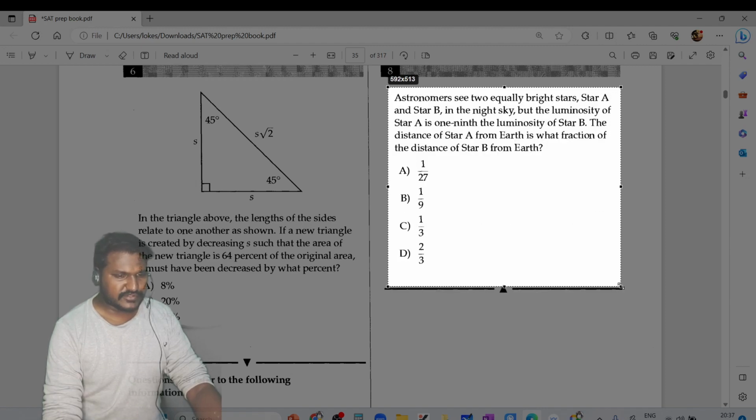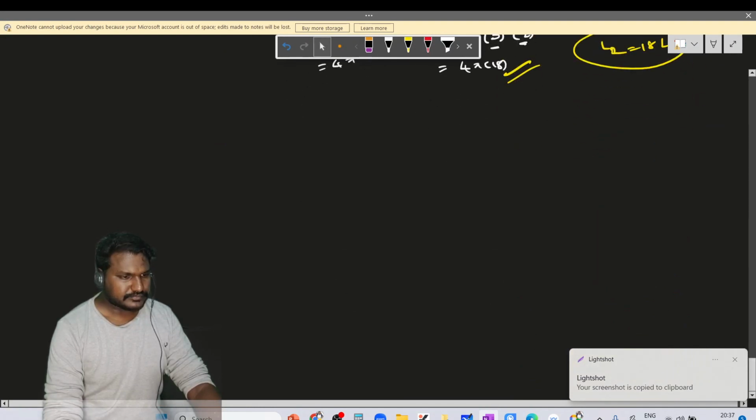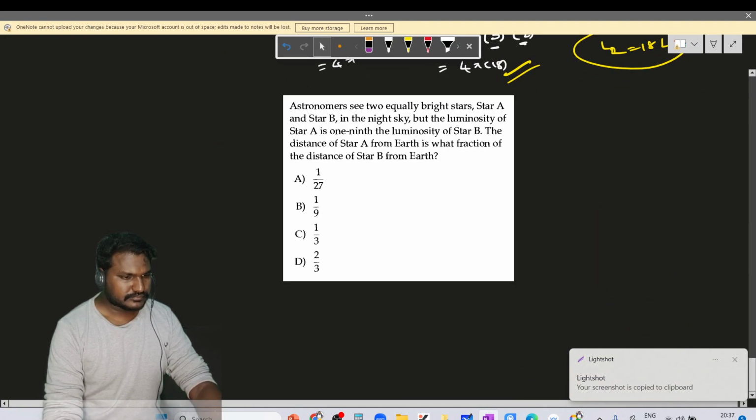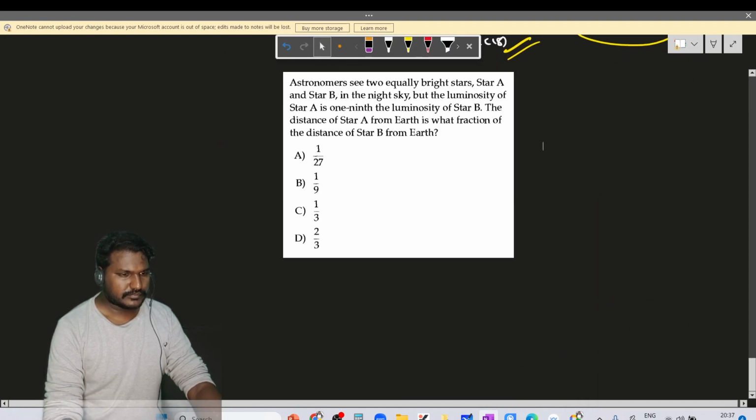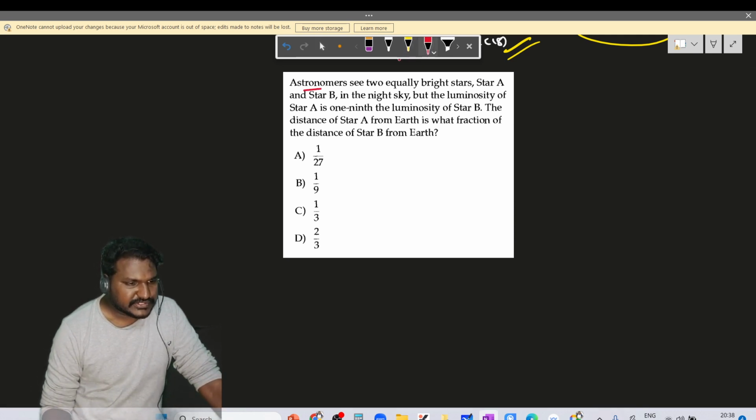So we got the last question. Even this question depends on the same kind of data. Astronomers see two equally bright stars, star A and star B, in the night sky.